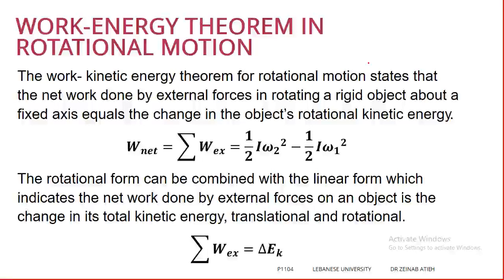So it also holds for the combined motions, which are rotation and translation together. Simply I have to substitute EK with its correct form. I will teach you how to substitute EK in the case of rotation and translation together. For rotation we apply half I omega squared and for translation we apply half m v squared. In the case of combined motion we will learn it with a rolling object. Okay, so this is for the work energy theorem.